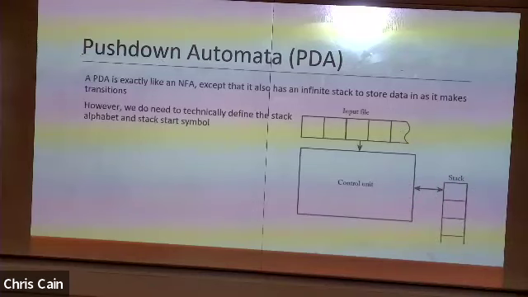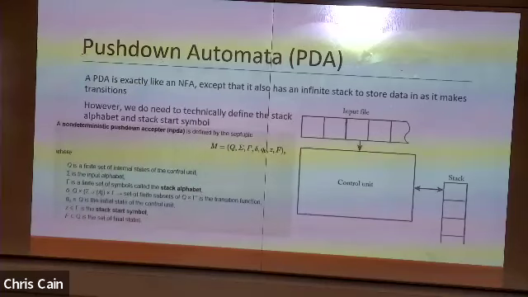We can have lambda transitions. But we also have to define what happens to the stack on each one of those transitions. Because of this, there may be multiple transitions from a state to itself or to other states, all consuming the same input character, depending on what's on the top of the stack. If the top of the stack is an A, go here. If the top of the stack is B, go here and consume an A, etc.